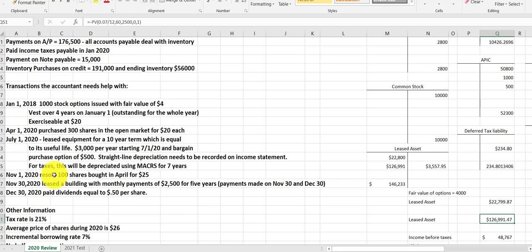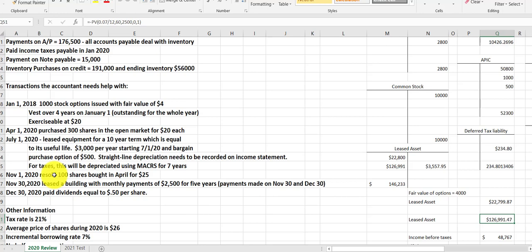We have to divide that by 12 now because that's monthly, not annual like the other one. 60 payments, $2,500, nothing at the end, no bargain purchase. Okay, and then it's still a 1 for at the beginning of the period. So we get $126,991 as the present value. That's a debit to leased asset, credit lease liability.